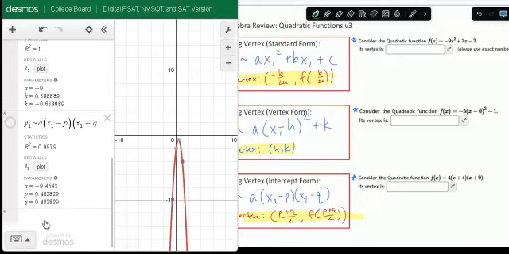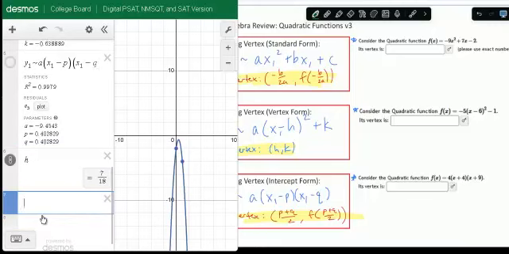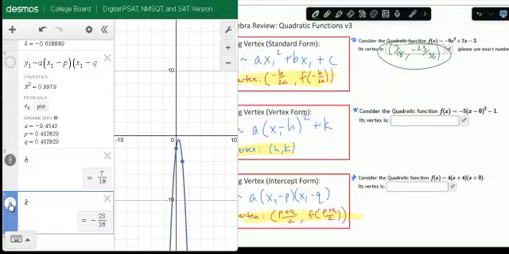If I just type h in my answer field and hit fraction, and type k into my answer field and hit the convert to fraction form, this allows me to see that the vertex for my first one has an x coordinate of 7 over 18, a y coordinate of negative 23 over 36, and that is my correct answer. Okay, so again, it makes it nice and easy. Just pick up the correct form of this and you have your values.